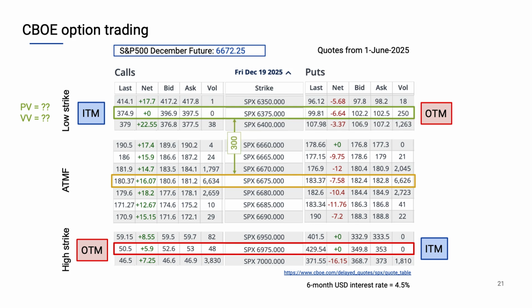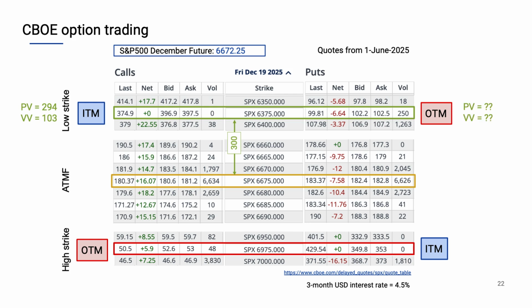The difference is roughly 300 points. Discounting this amount at 4% for 6 months gives a parity value of about 294. The volatility value is then simply the difference between the market price and the parity value. With a mid-market price of 397, the volatility value is approximately 103.